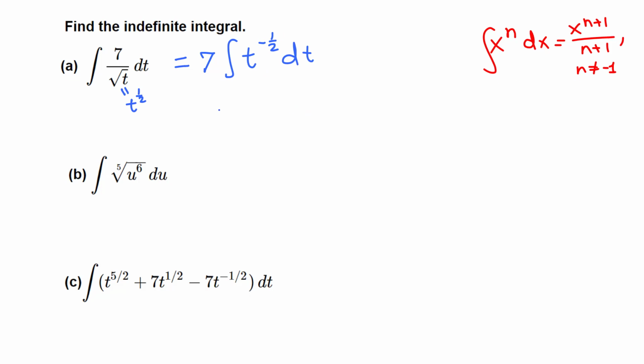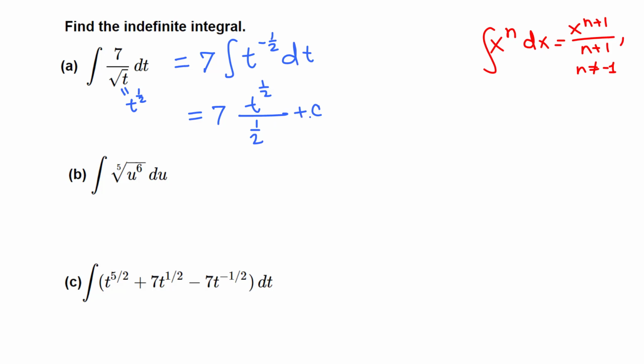So let's apply that rule. 7 times t raised to negative 1/2 plus 1. Negative 1/2 plus 1 means positive 1/2, divided by the same number 1/2, plus c, that is the constant of integration.